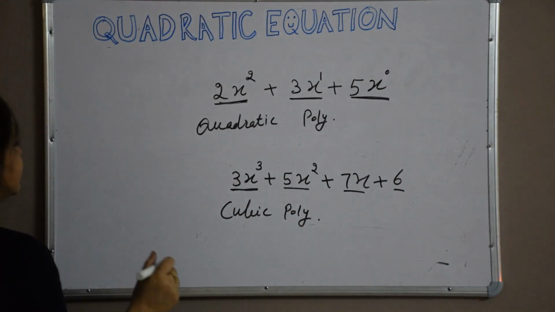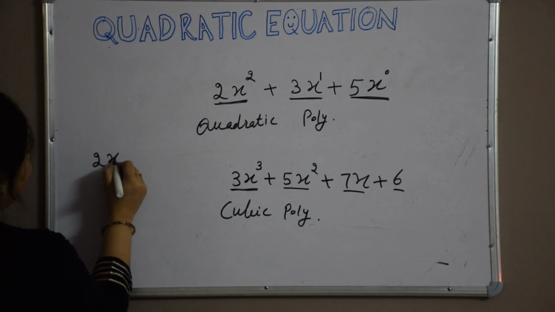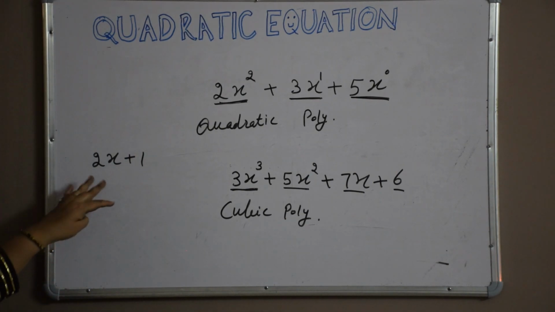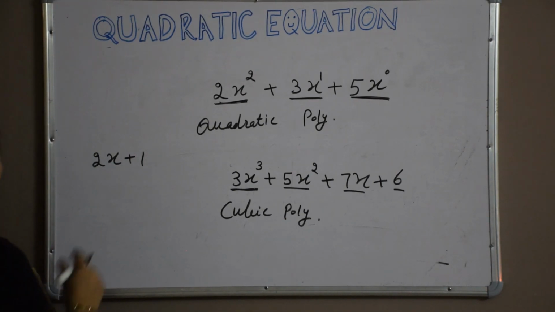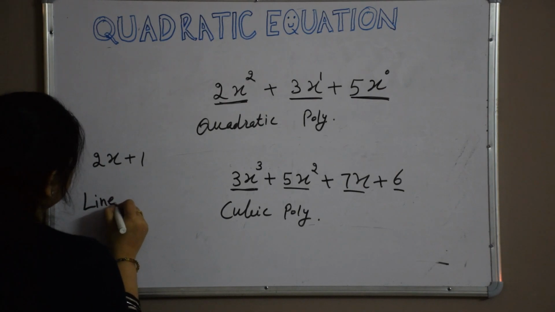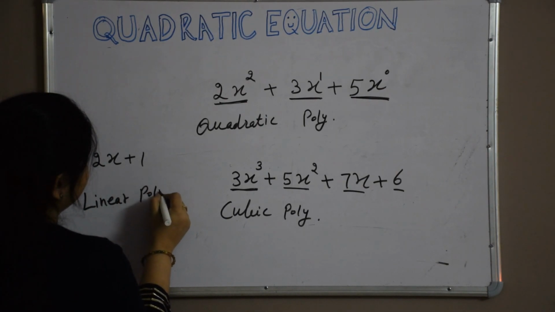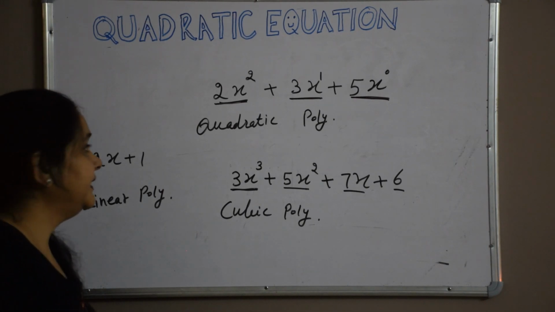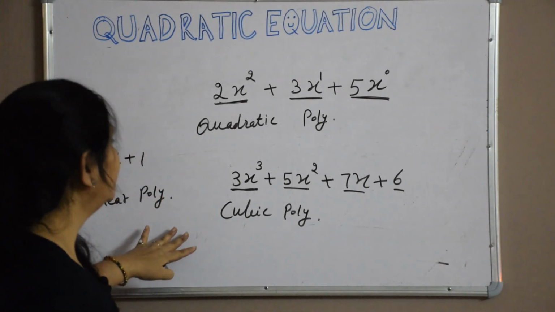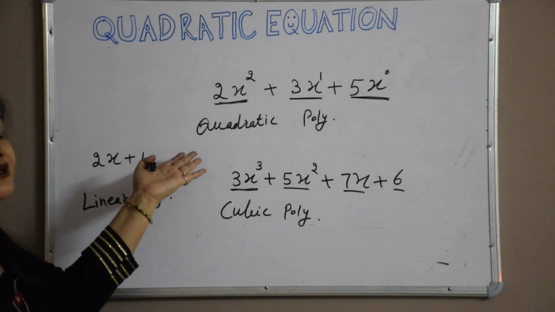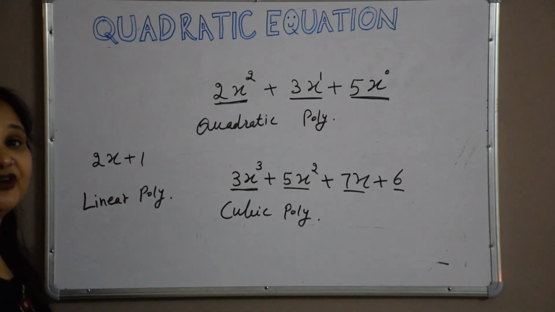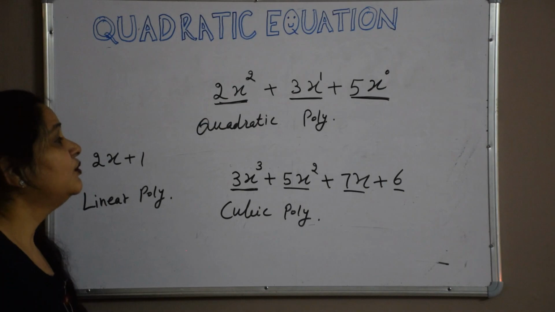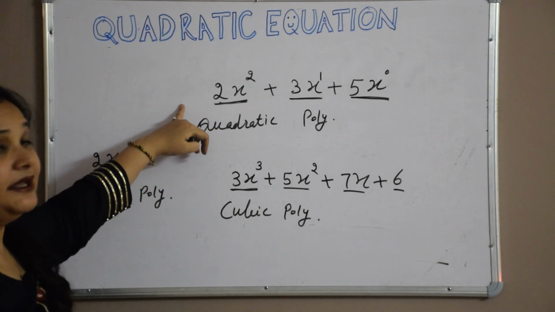If the degree is 1, suppose I have 2x plus 1, this is also a polynomial. So if the degree is 1, then it is called a linear polynomial. And if the degree is 4, it is called biquadratic. So generally we use these names up to 4. Afterwards we say a polynomial of degree 5, polynomial of degree 10, polynomial of degree n.